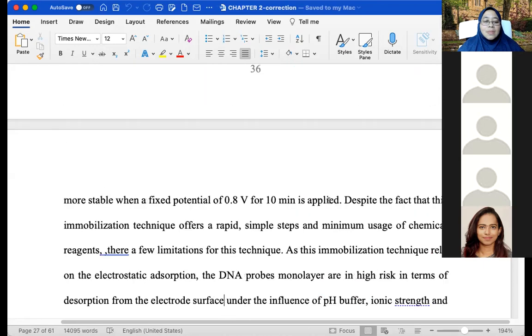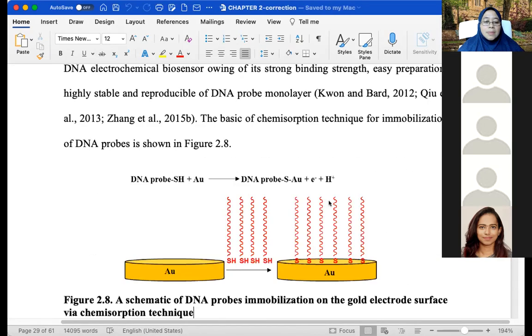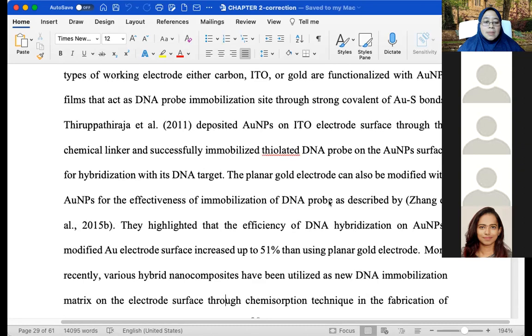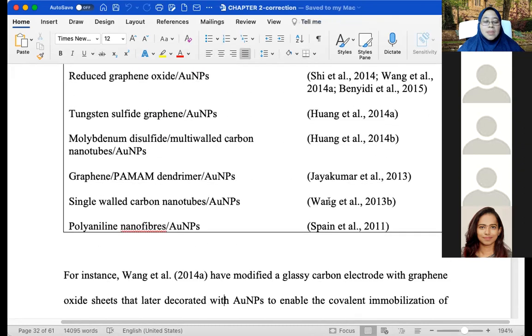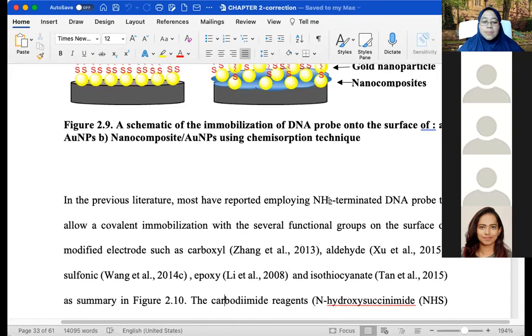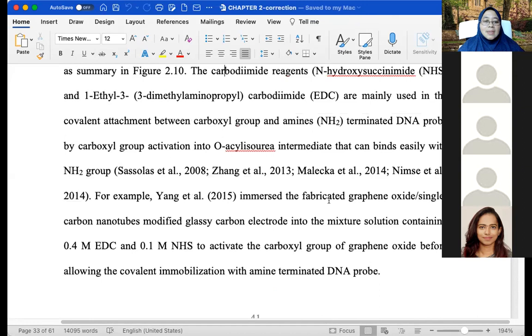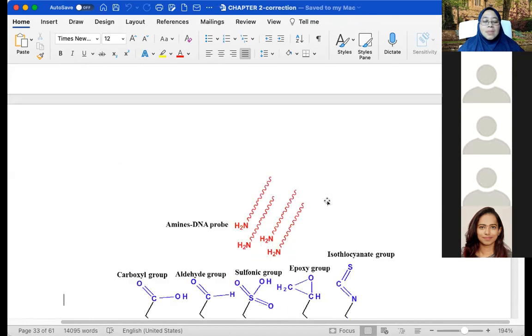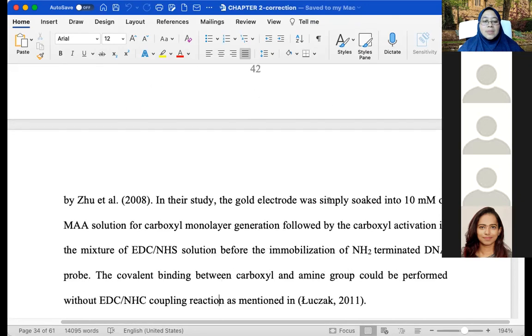Move on. Because there is an introduction of nanomaterial, of course it has to be there. So you can see the number of journals involved for him to tell a story about nanomaterials.